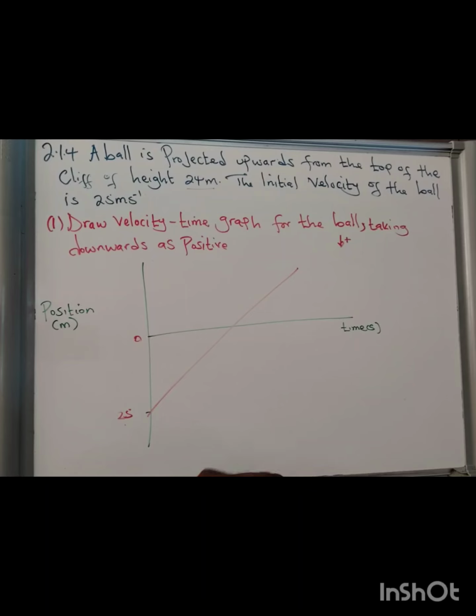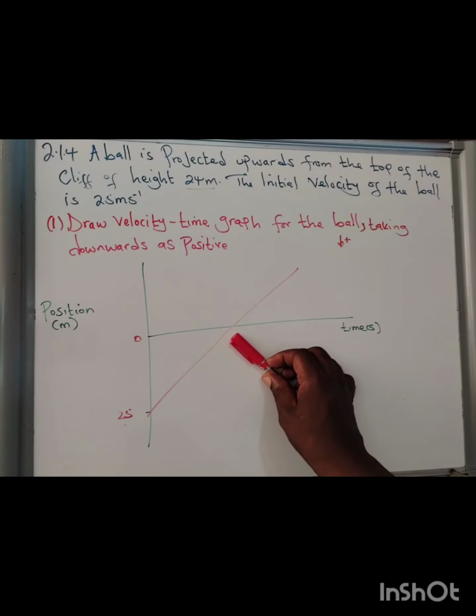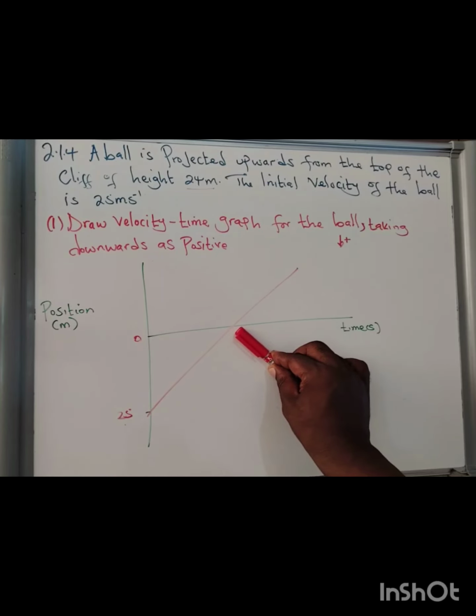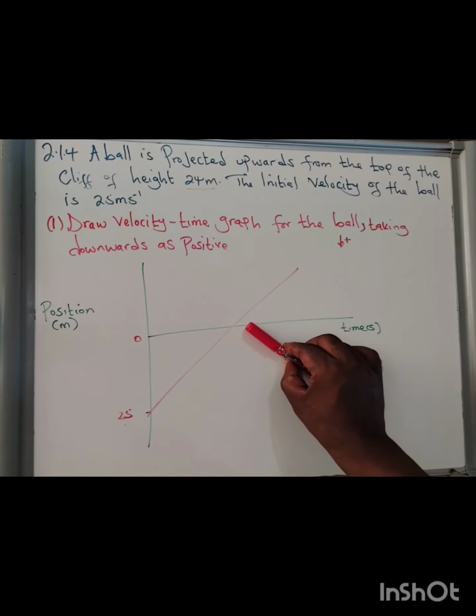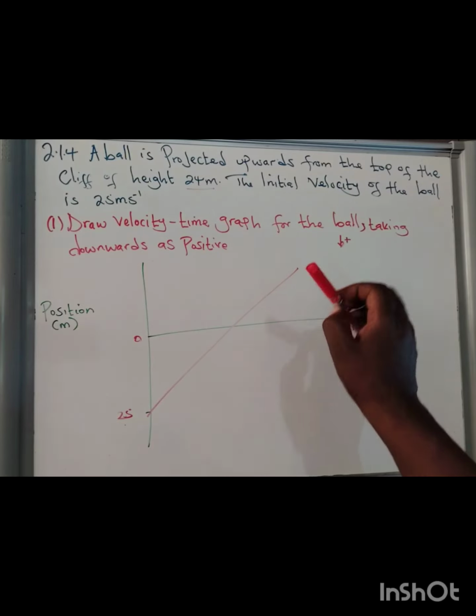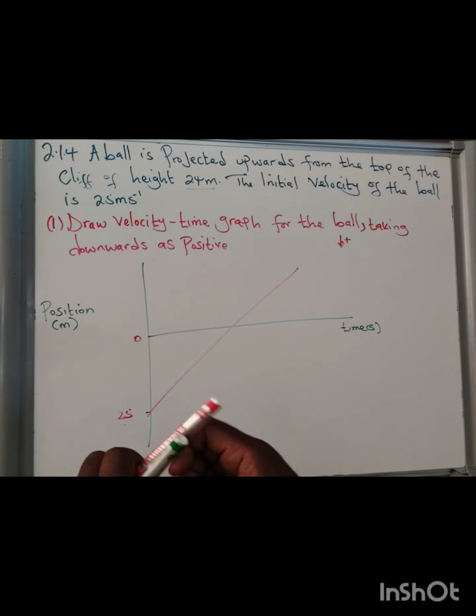Let us describe the movement of this ball. It was projected upwards. So what happens to its velocity? It decreases until it reaches maximum height. After maximum height, now it starts to come what? Down until it strikes the ground.